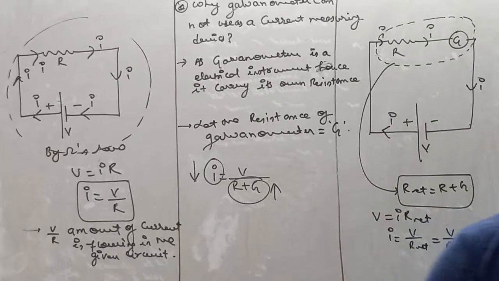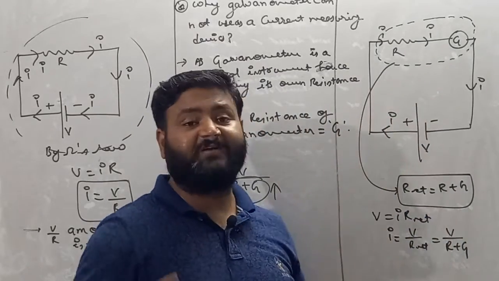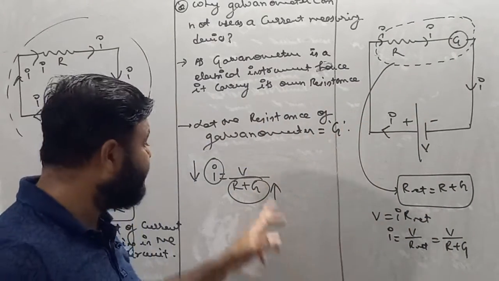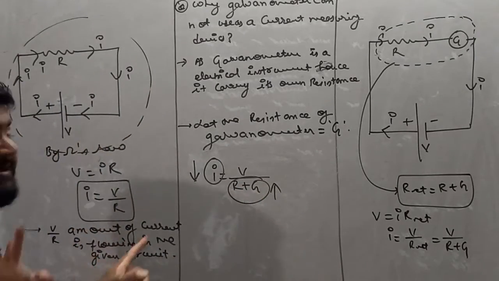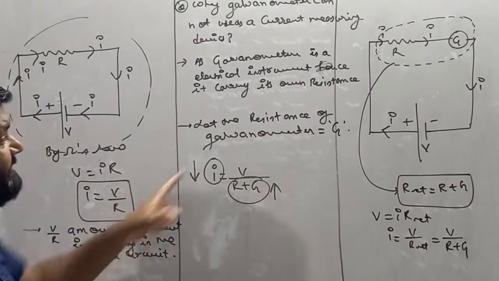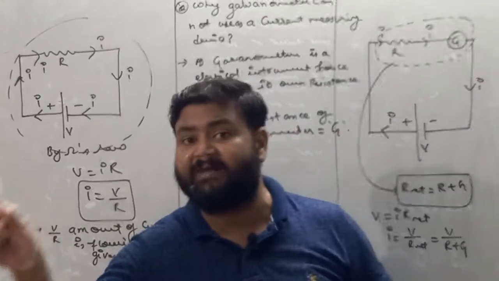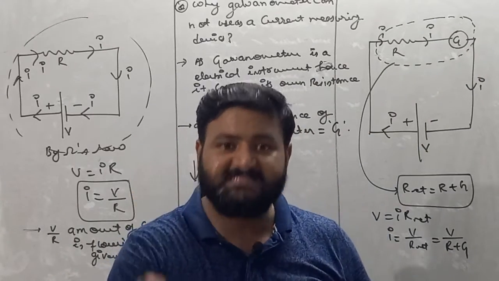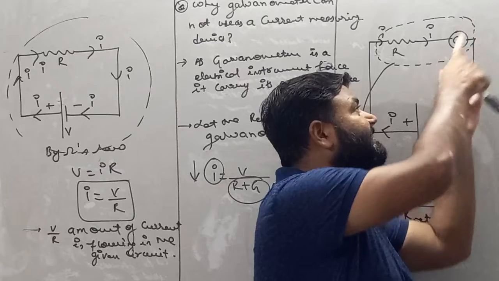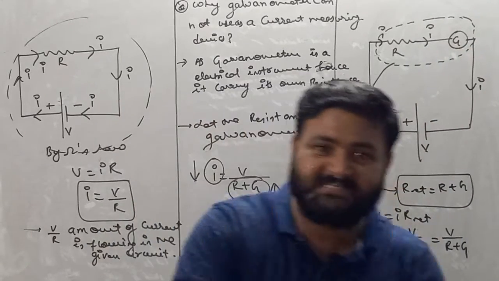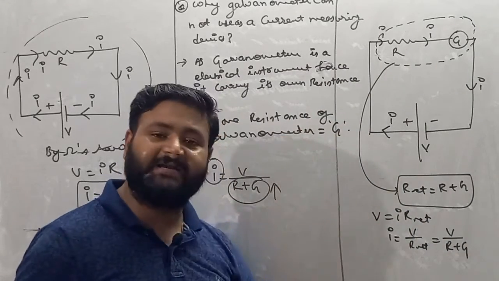Why? Because if you connect the galvanometer, due to its own high resistance the value of current changes. Now the galvanometer detects current V by R plus G, not V by R, which is the actual current. If the galvanometer detected V by R, then we'd say okay, the galvanometer is a good current measuring device. But as the galvanometer carries its own very high resistance, the resistance of the circuit increases, so current decreases.